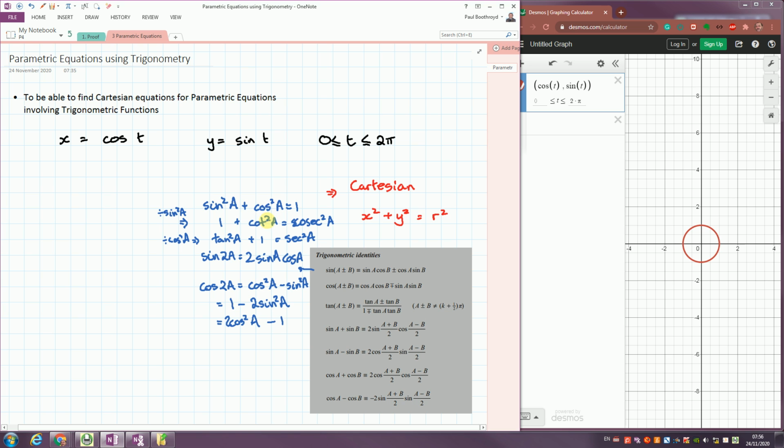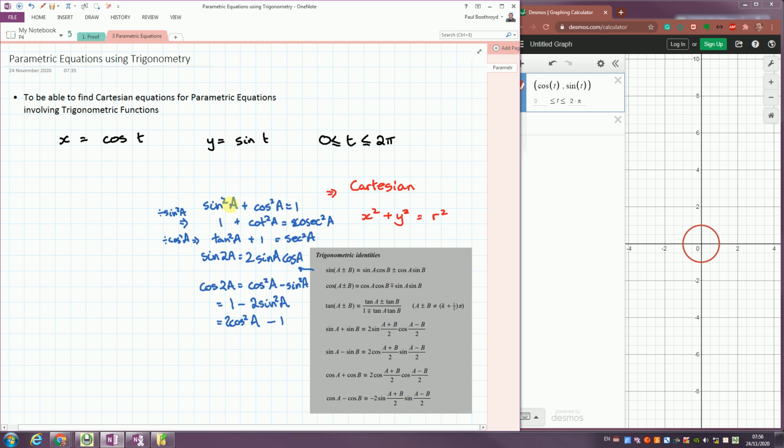Now, it doesn't necessarily look obvious, apart from if you look at the first one and what we know as the Cartesian equation. What we can produce quite quickly is realising that if I replace my cos A here with cos t, and then replace that with the x, I get x squared.